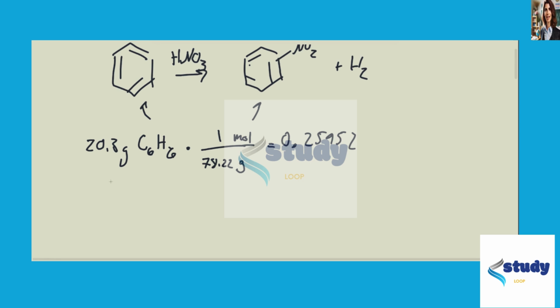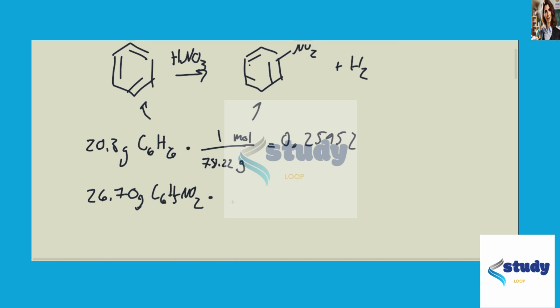Okay. They told us 26.70 grams of nitrobenzene were recovered. Right. And they do tell us the molecular weight of nitrobenzene. Okay, great. Right, so nitrobenzene, C6H5NO2.